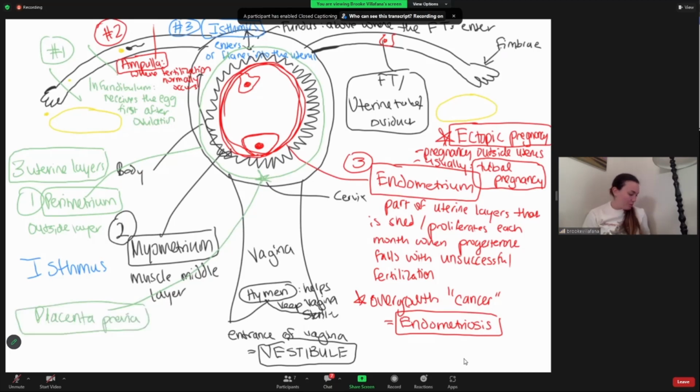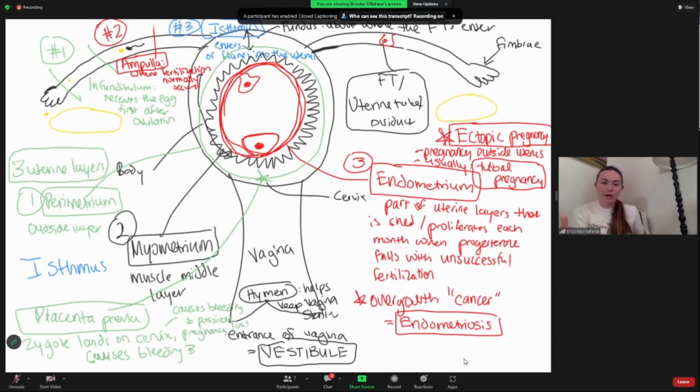Placenta previa is when the zygote lands on the cervix, causes bleeding, and can you guys see that? Causes bleeding and possible pregnancy loss, because basically the cervix is not strong enough to maybe hold that whole entire pregnancy.